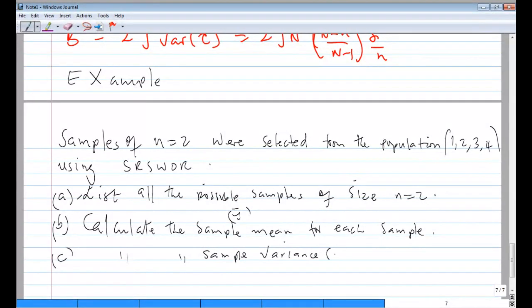And here, by sample variance we are referring to s squared, for each sample.